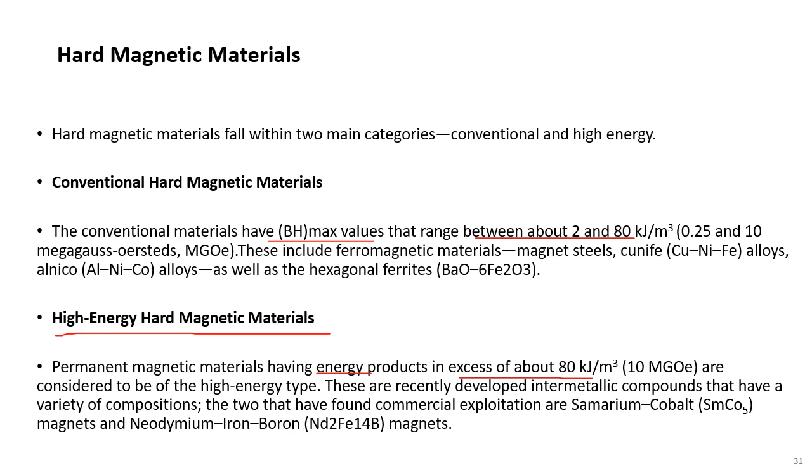The conventional hard magnetic materials are, for example, copper nickel iron alloys, aluminum nickel cobalt alloys, and also hexagonal ferrites. And for high energy hard magnetic materials, examples are the samarium cobalt magnets and neodymium iron boron magnets.